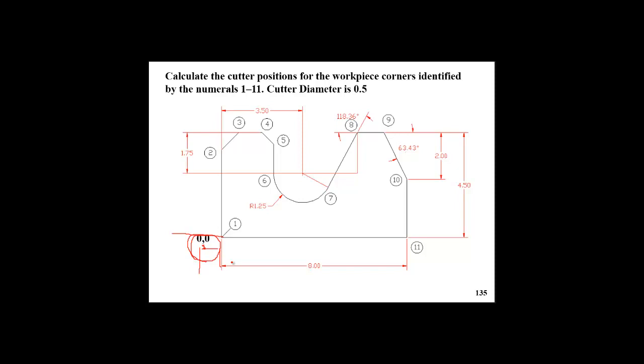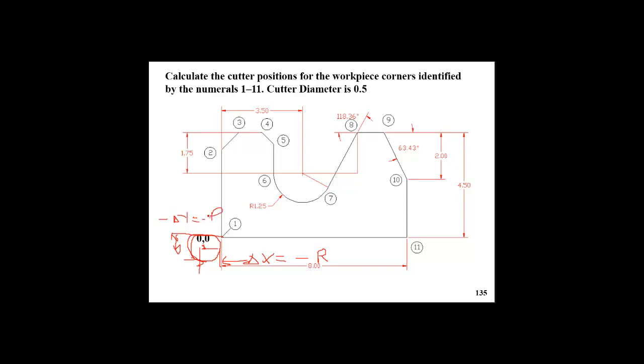So dx will be equal to minus r, where r is the cutter radius. And again, dy will be minus the cutter radius. So dy will be minus r.